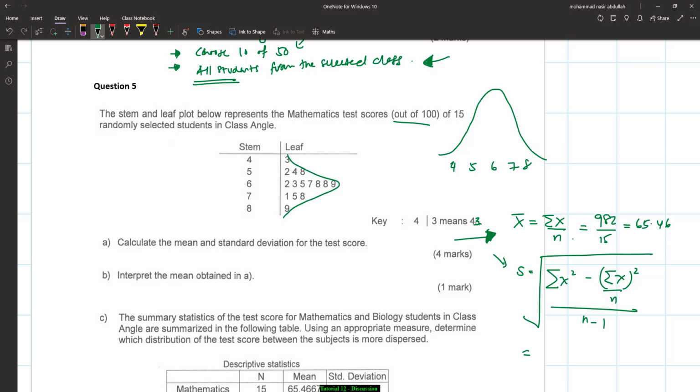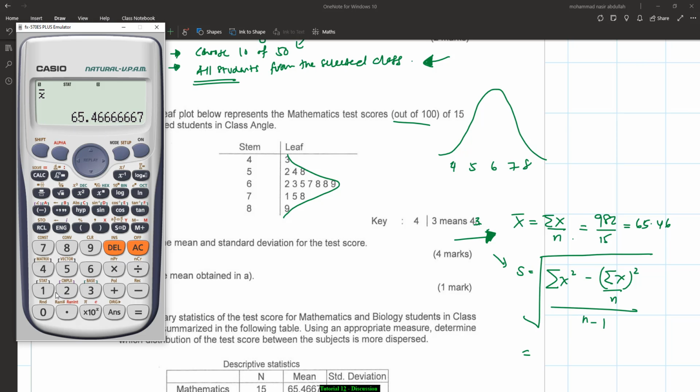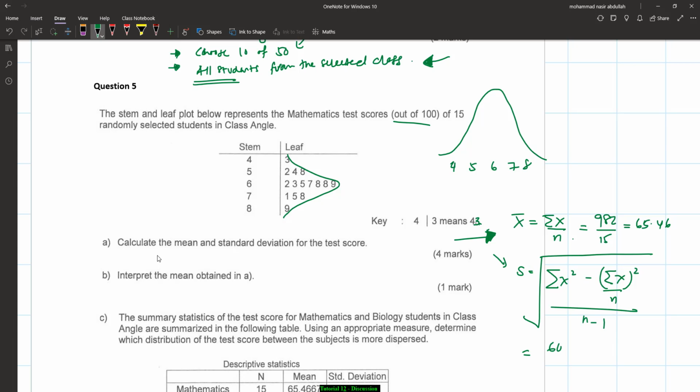So this one should be shift 1, right, number 1 should be 66040 minus 982 square divided by 15, everything divided by 14. Don't forget the square root.